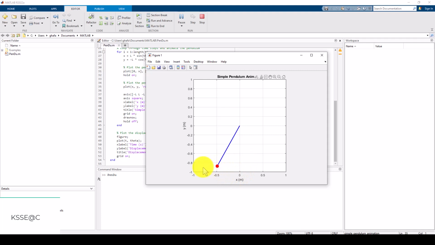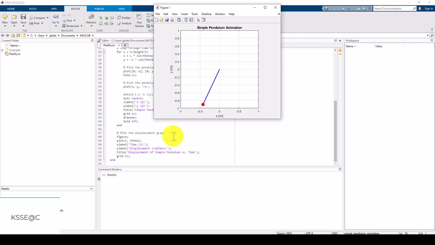Because we didn't define any damping friction on the material or the cable, it will continue freely until we want to stop it. So now we stop it.